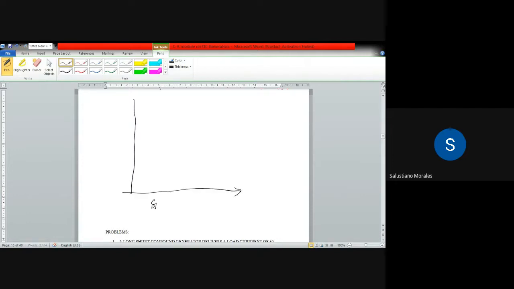So this is for the speed, maybe in revolutions per minute, and we have the generated voltage. So maybe the curve should look like this.